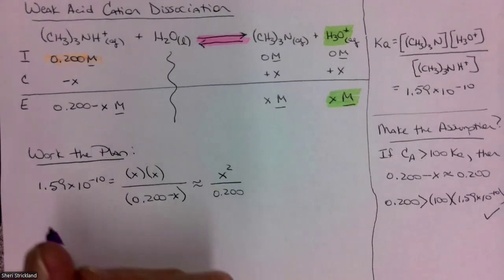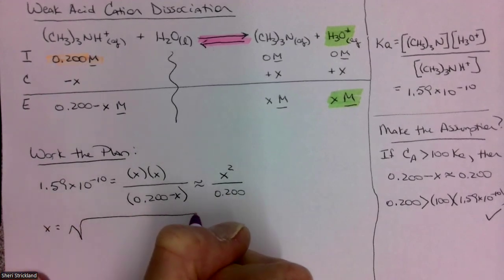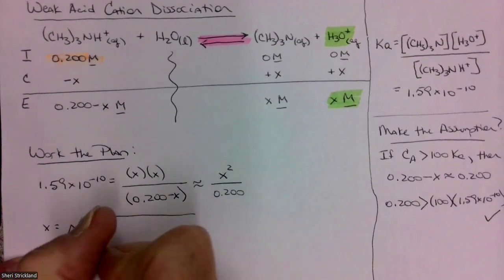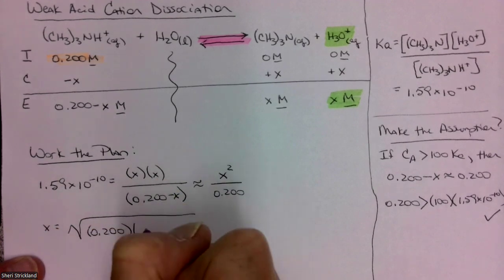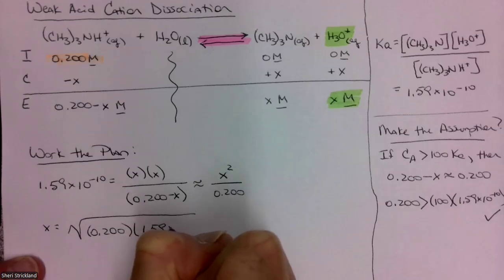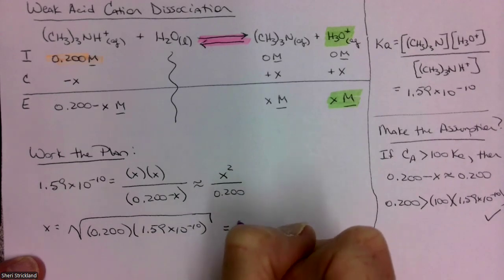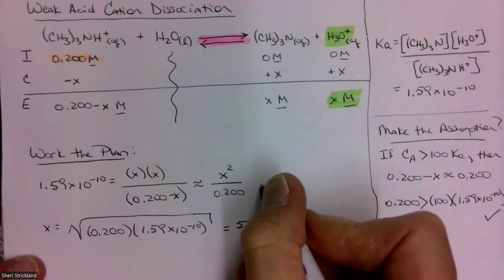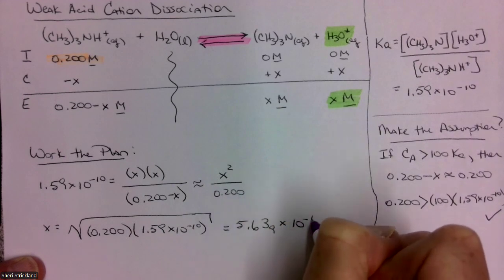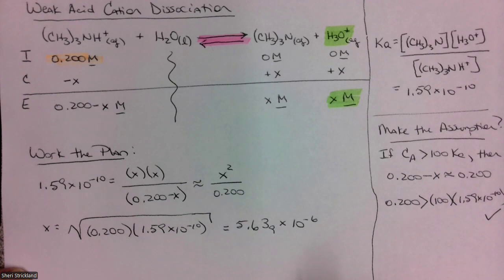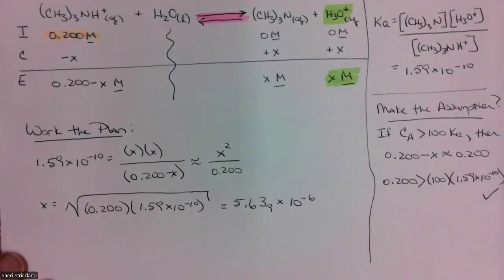So we're good. So we've got the analytical concentration times the Ka, and then we're going to take the square root. And I got 5.639 times 10 to the minus 6. Okay, so now we've got to remember what X was. Well, it's the hydronium ion concentration.